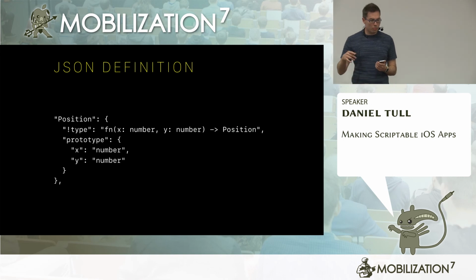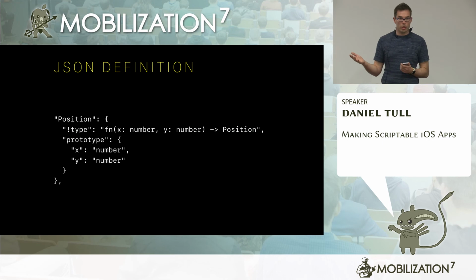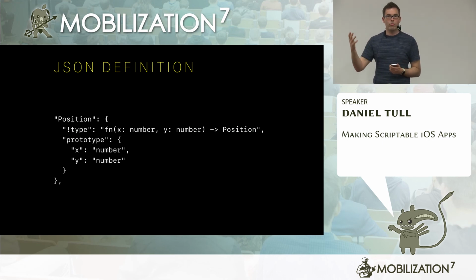So when you type in position, open brace, it will start doing the auto-completion for you and say what type is expected. So hopefully users won't run into the problems where they're given the wrong type, but if they are, you can provide an error. But this is kind of inline documentation for those things. And then if you put a period after a position value in JavaScript, it can auto-complete the X and the Y.